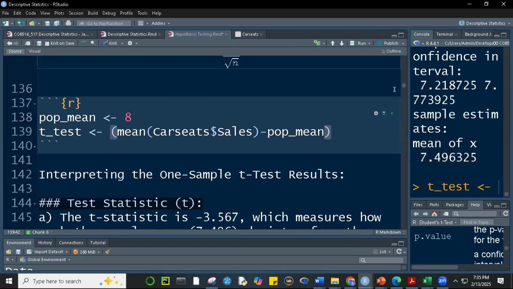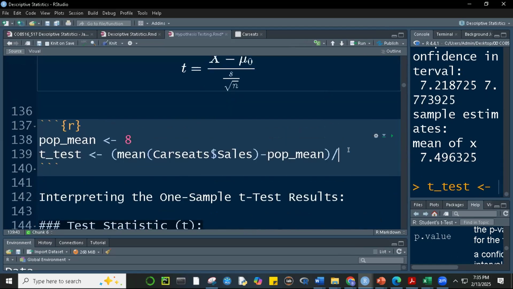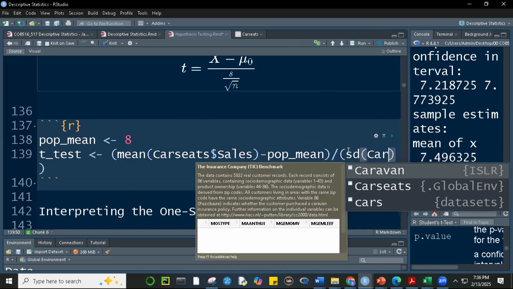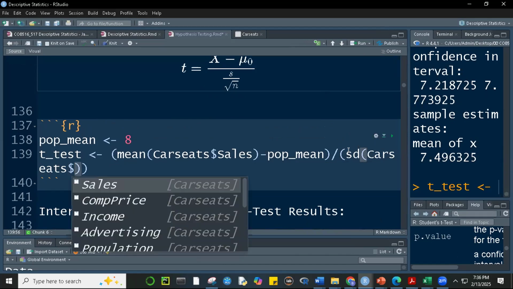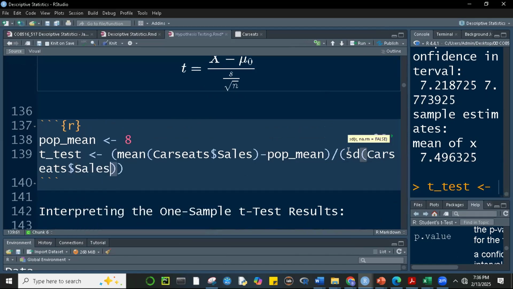And then we're going to divide everything by, let's just take a look at this. Okay, let's put everything in parentheses. And then S here is a standard deviation. Standard deviation of your, again, car seats, dollar, standard deviation of your sales.